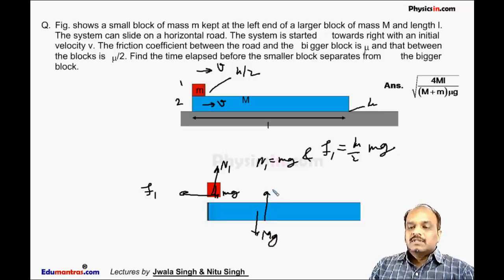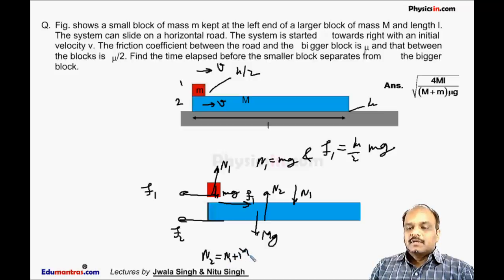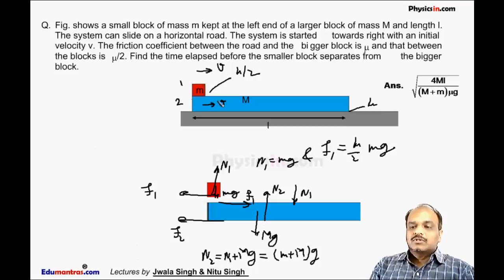The normal reaction here is N2. The normal reaction here is N1. The friction on this bigger block is F1. It is in forward direction, and on the ground it is F2. Now we can say N2 must be equal to N1 plus capital M into g, that is equal to small m plus capital M into g. This is N2, and we also know F2 is equal to mu times N2.